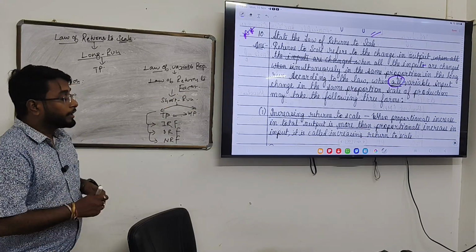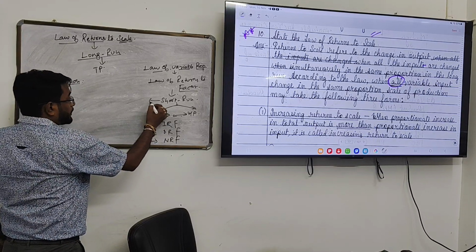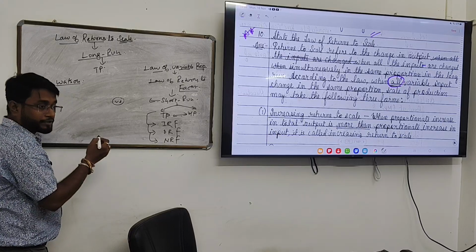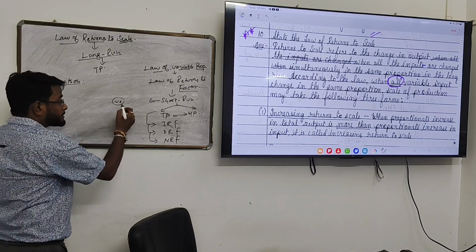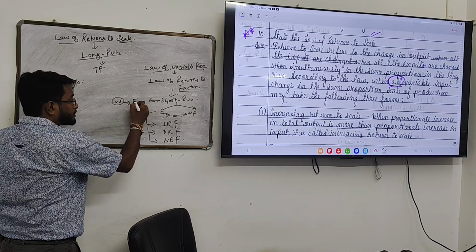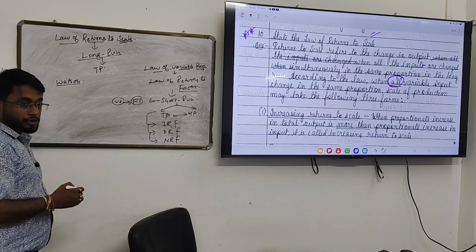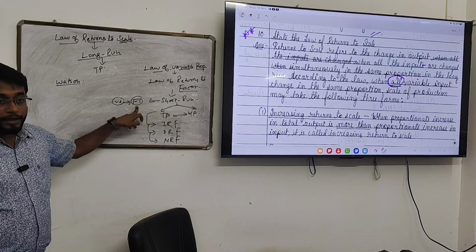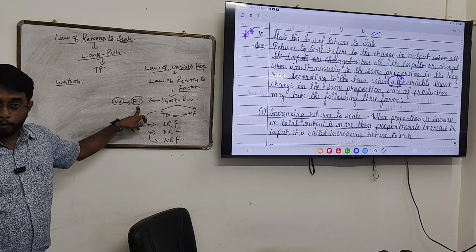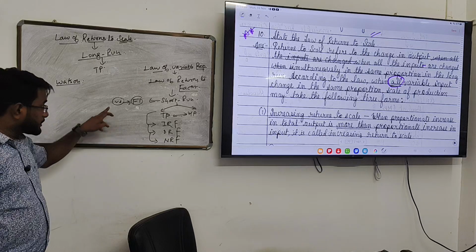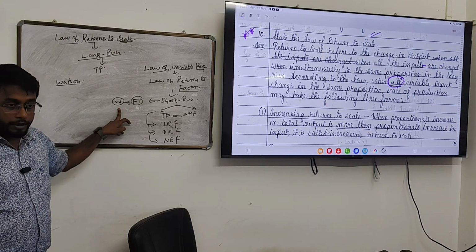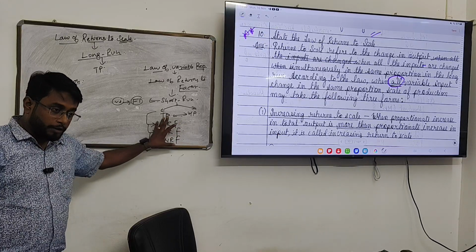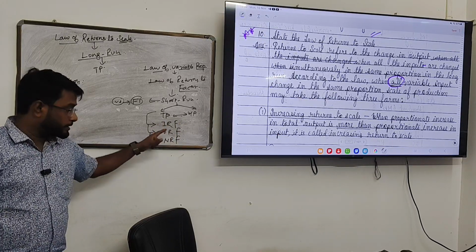Short run operation means the producer is changing only variable input, for example labor and raw materials, and keeping the fixed input, for example land, machine, building, etc. fixed. In that case the total and marginal product behave in three different stages.